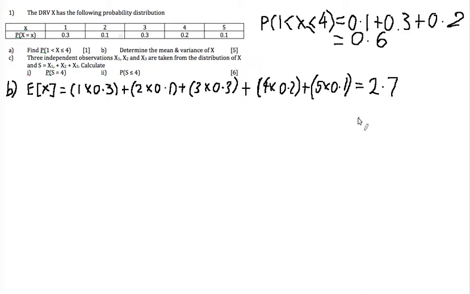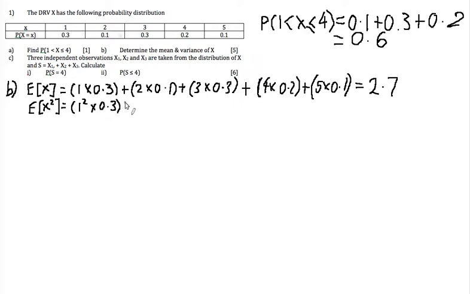Now, in order to calculate the variance of x, we need to first find the expectation of x squared. Expectation of x squared is almost identical to the expectation of x. What we need to do in this case is square the x values, that is the actual values that the discrete random variable can take, not the probability.